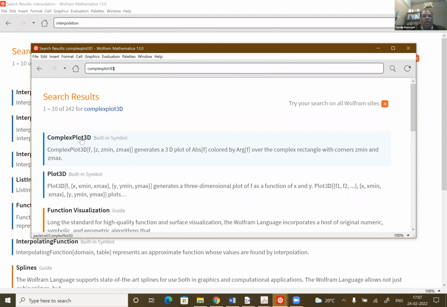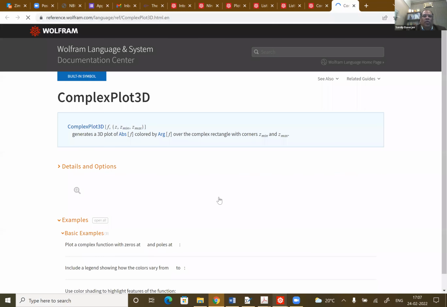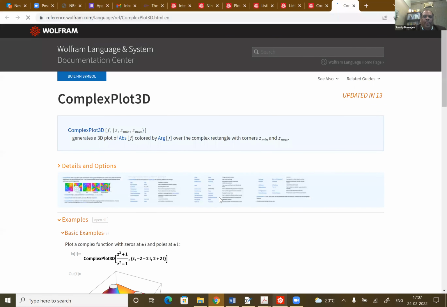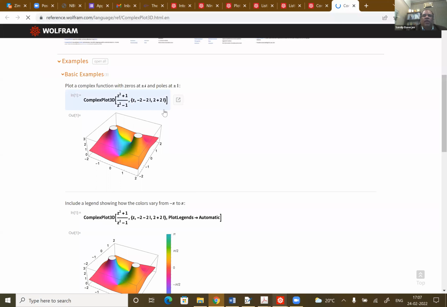Yes, again, it is an inbuilt function. Yeah, so the examples are given. Complex plot 3D, just put the number and whatever the Z is. So you have to give the range and it will plot. Is it okay, Samanne? Anish?